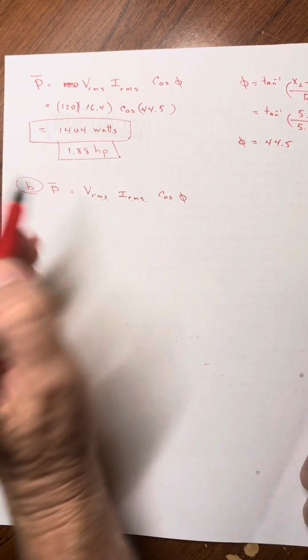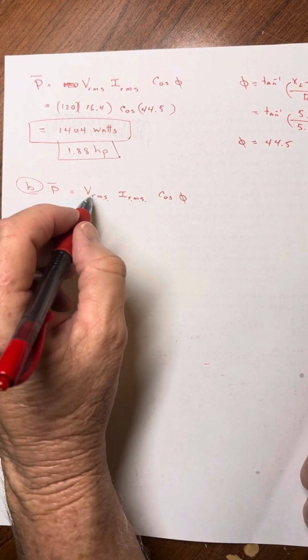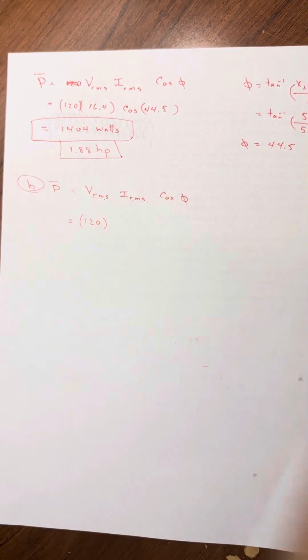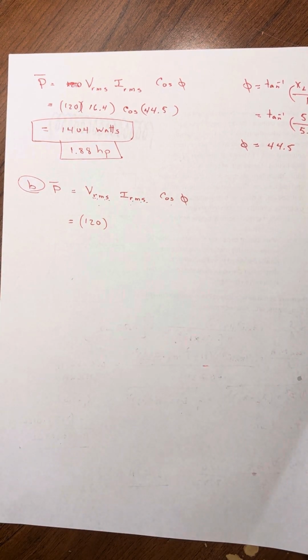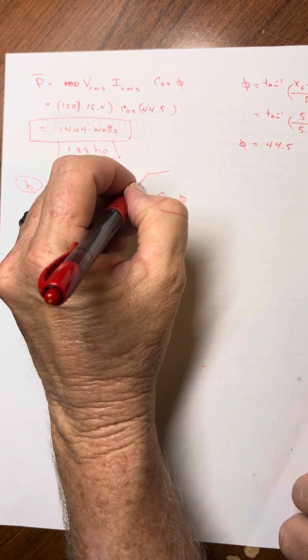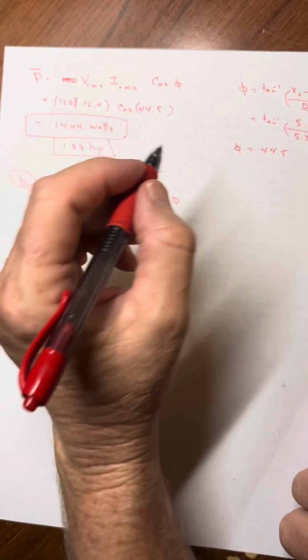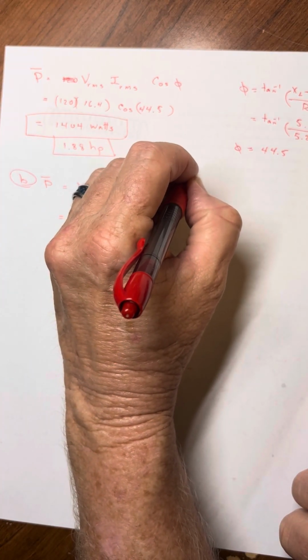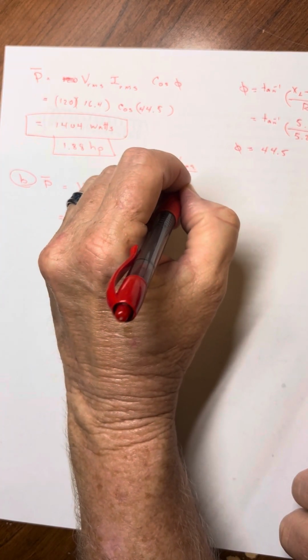Now, we're plugging it into the wall, so this number right here doesn't change. That's going to be 120. However, this current is the RMS voltage divided by the impedance.